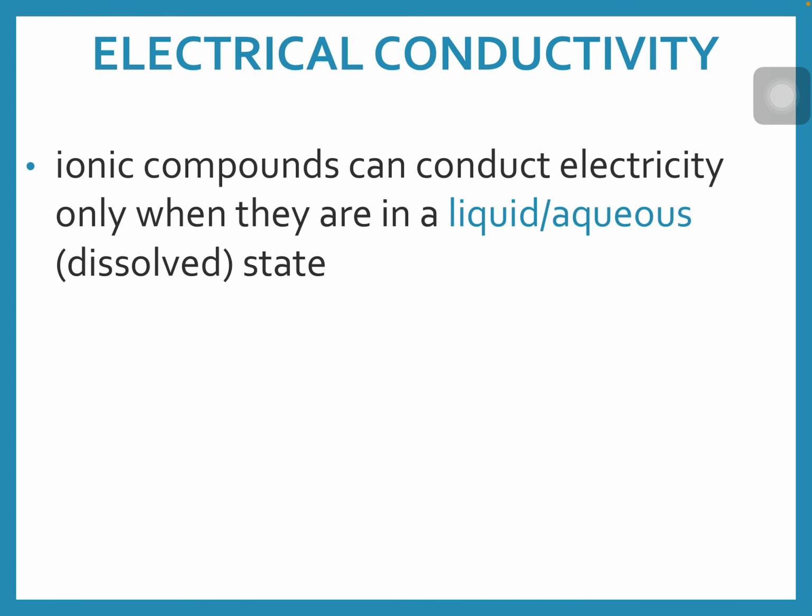So in ionic compounds, because ionic compounds have very strong forces holding them together, they require a lot of energy to move from a solid to a liquid, which would allow the ions to move. So when I have a piece of solid iron, the electrons can move.